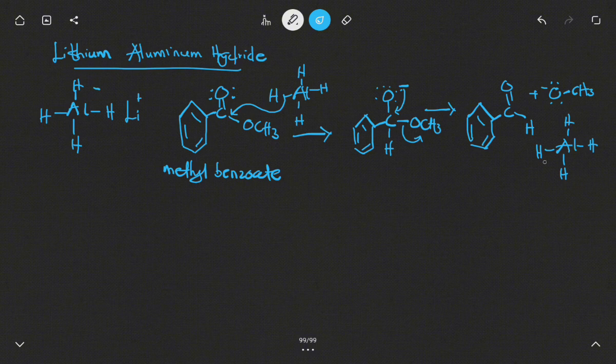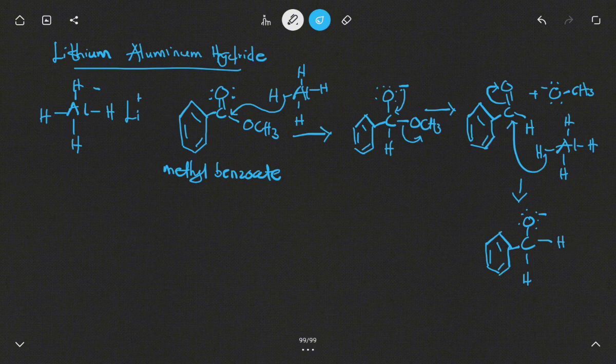So again, from here to the carbonyl carbon, and this is going to break, and we are going to have a carbon alkoxide intermediate, the hydrogen here and hydrogen here.